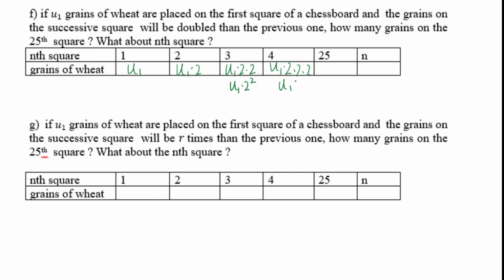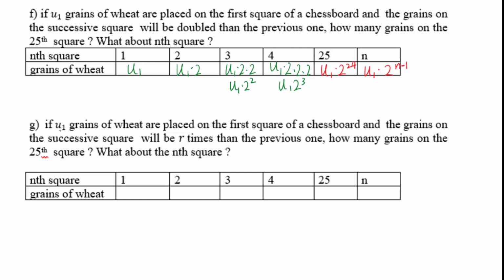So u sub 1 times 2 to the third power. According to this pattern, in the 25th square, we will have u sub 1 times 2 to the 24th power. For the nth square, we will have u sub 1 times 2 to the n minus 1 power.